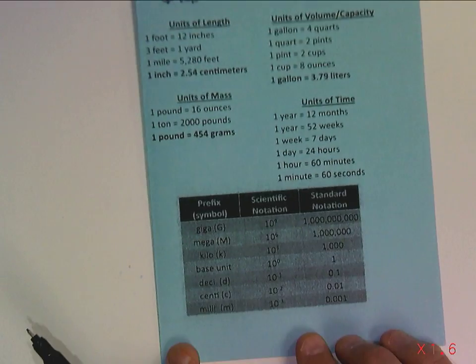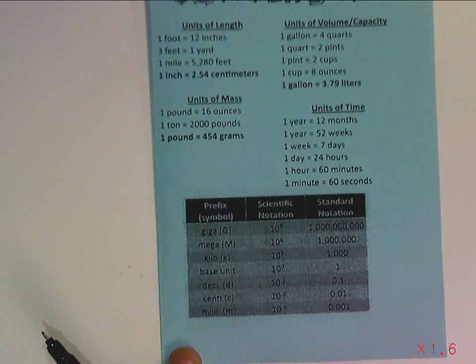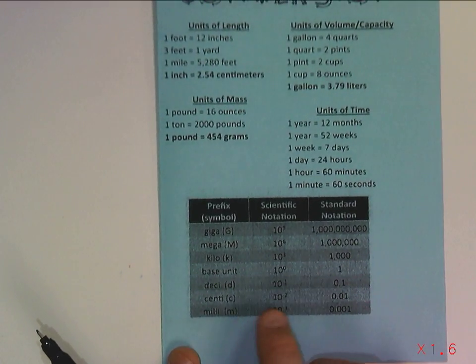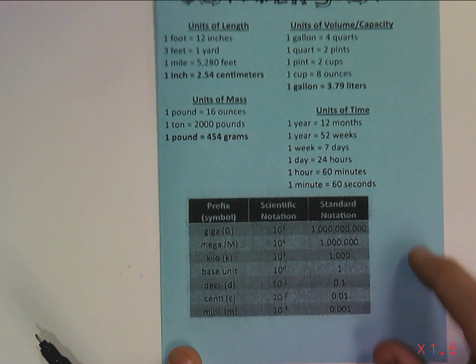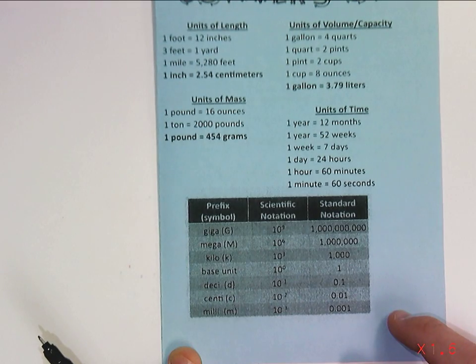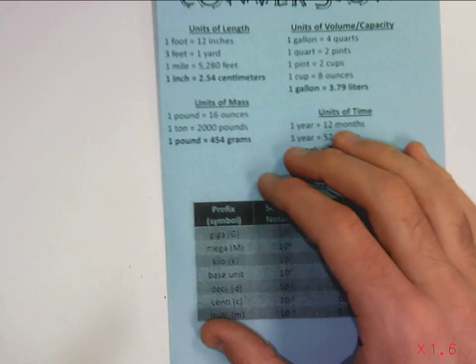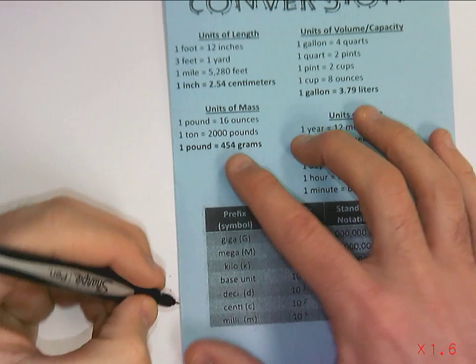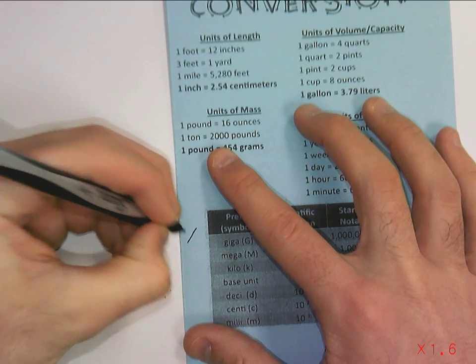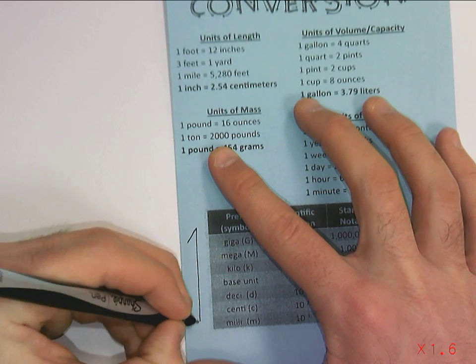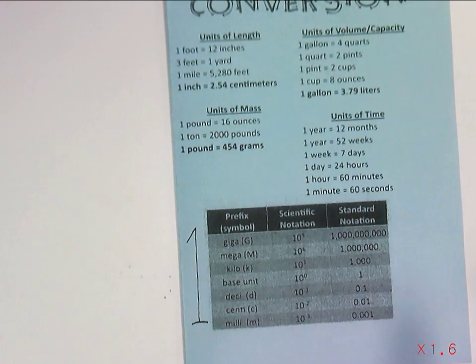Now, before we jump into doing examples, what I would like to do first is look down here at our metric system, because this table might be a tad confusing. So, first and foremost, I want you to put a big 1 in front of this table, because all of these are referring to one of these.